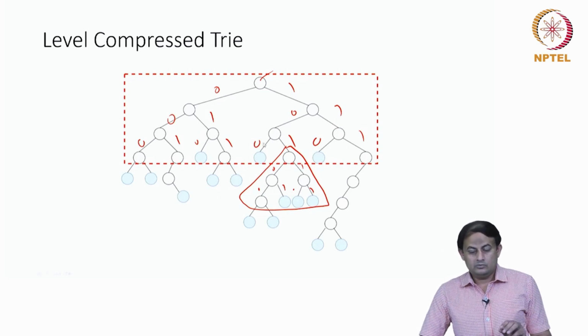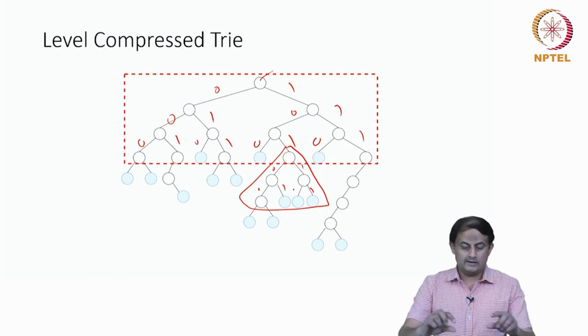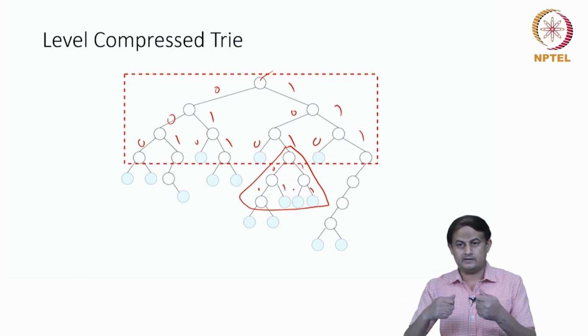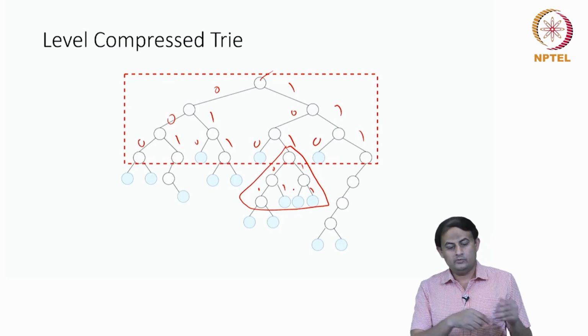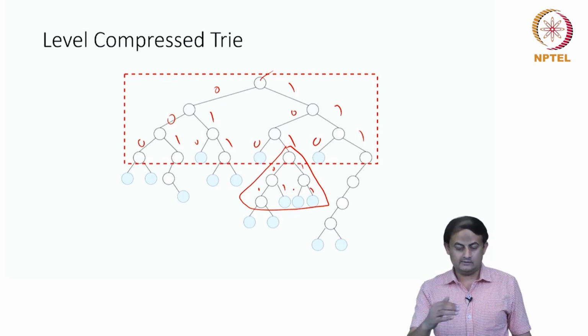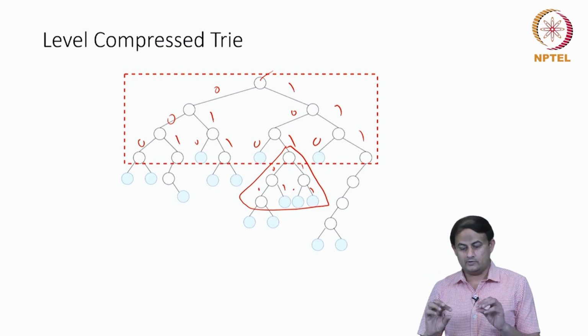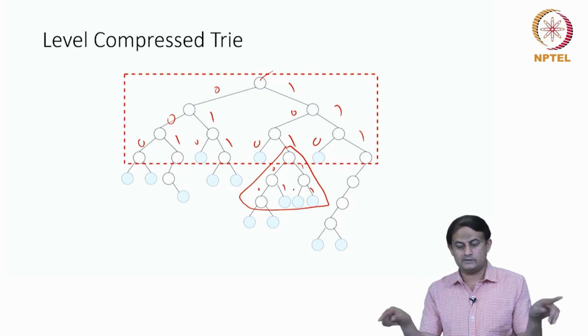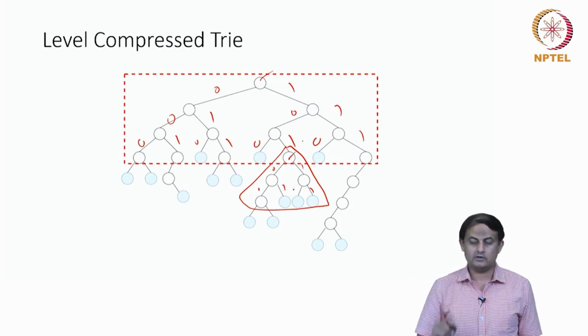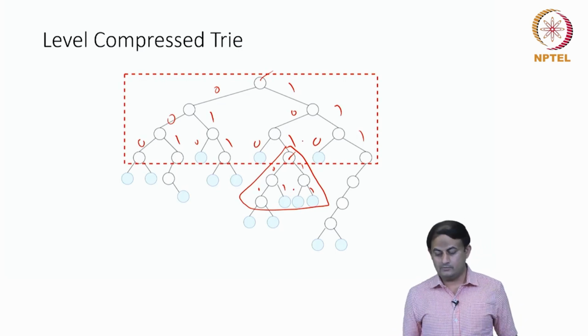So at the first level of merging, I'll collapse all these 3 bits and make a direct descendant of the root node with 3 bits. And at the second level, because this is also a complete subtree, I'll collapse this and make 4 descendants for this particular node, and then appropriately mark them.